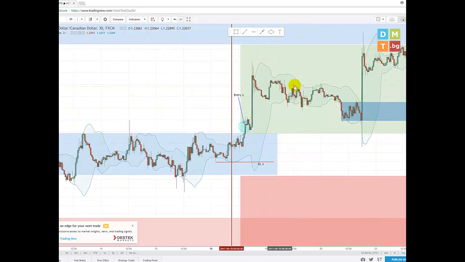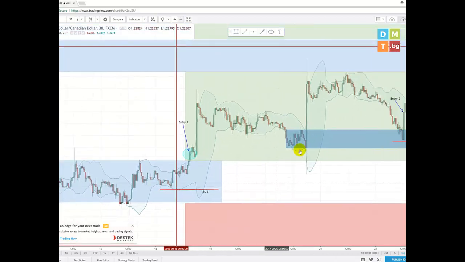As you can see, the price moved up, went a little bit down and formed a nice Bollinger squeeze here again, from which it exploded. Now in this case I wouldn't recommend entering here for two reasons.